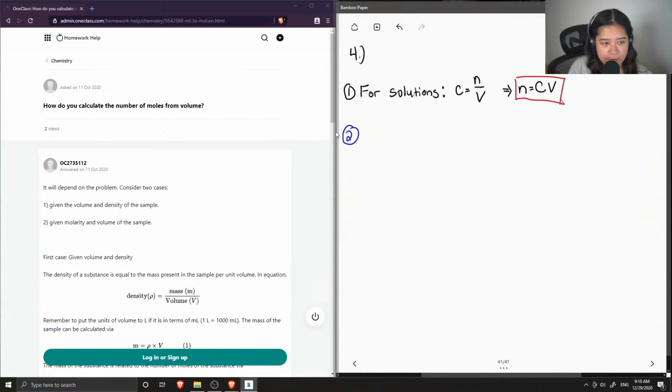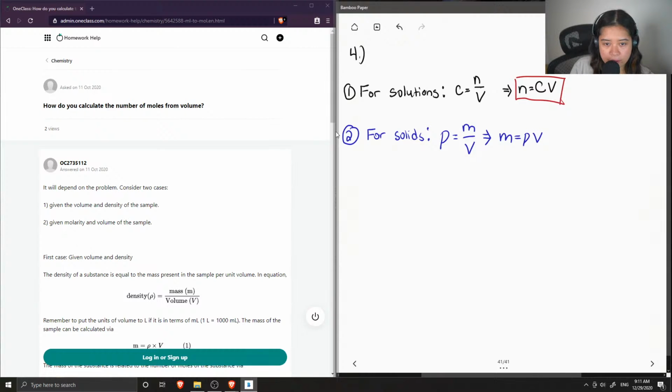Another scenario is if we are given density and volume. So for maybe solids, let's recall that density is equal to mass over volume. So we can rearrange this equation and solve for the mass by just multiplying the density and then the volume of the solid.